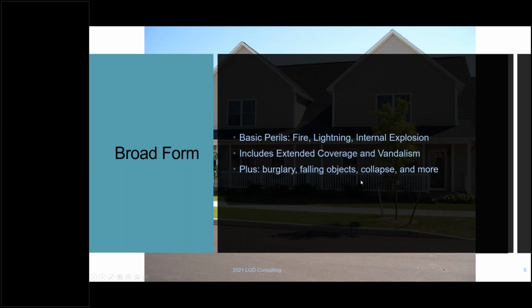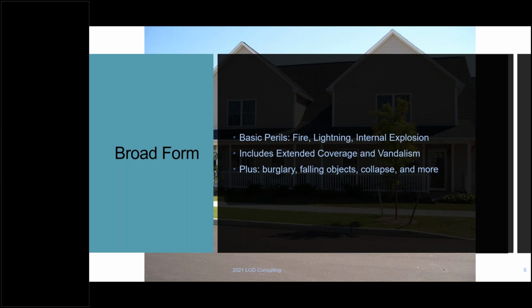And the reason I'm emphasizing these 3 is because it's very common to get a test question that says, which of the following perils is covered by the DP2 broad form, which is not included in a DP1 basic form? And those are the most common ones that they're using in that question. Okay, so make sure you get those 3 down. They're very common.